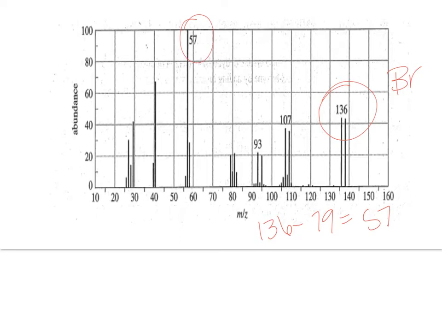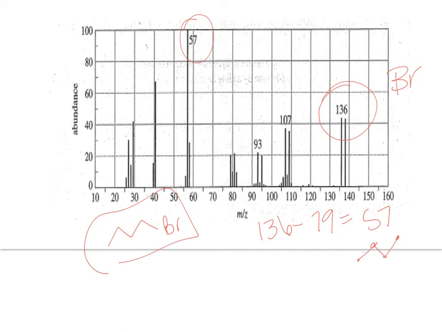Okay, so here's 57. 57 is a butyl group. 1, 2, 3, 4. So you can figure butyl, 1, 2, 3, 4, butyl bromide. Okay, and that structure would work.